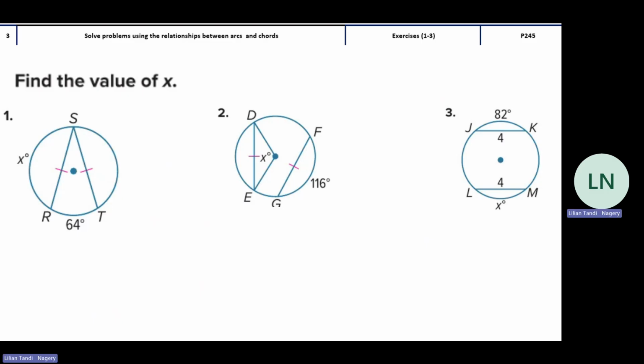Okay. So now we are on this question. The question says, find the value of x. So if this is x, and because this is a circle, we will write here x plus 64 equals 360.